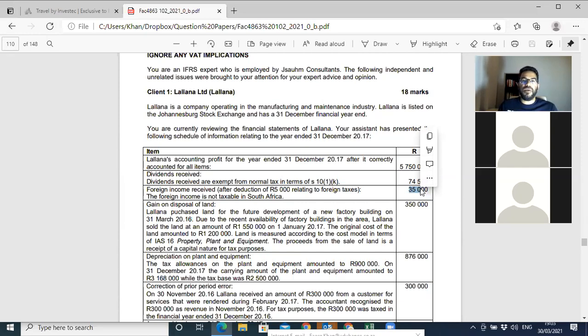So you can assume that they have correctly accounted for the income as 40 and not as 35. So please make a note here, somewhere make a note, because in another question, you're going to have to make a 5,000 Rand adjustment. Please, it's an easy mark to not lose. Okay. Do you have any questions on that line item?